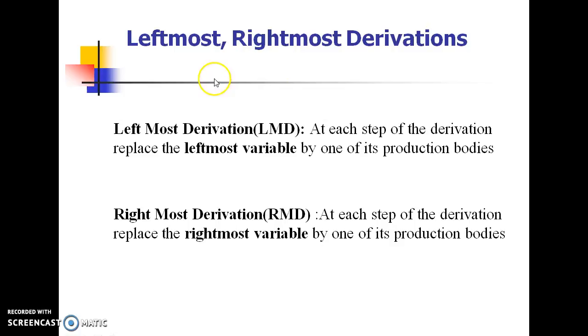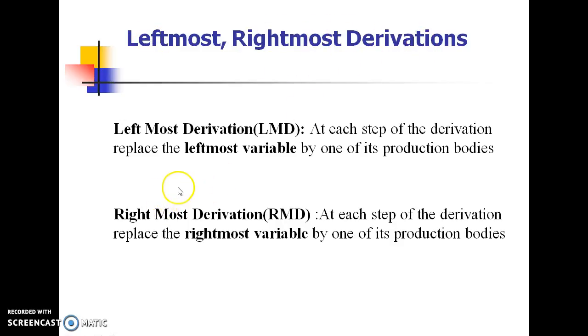For a particular string we can have any number of derivations, as each sentential form during the derivation process can consist of any number of variables. We can apply the definition of a variable in any order. In order to resolve this ambiguity, we use only two types of derivation called leftmost derivation and rightmost derivation.